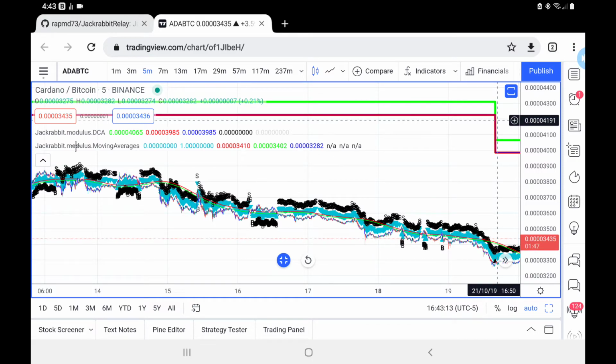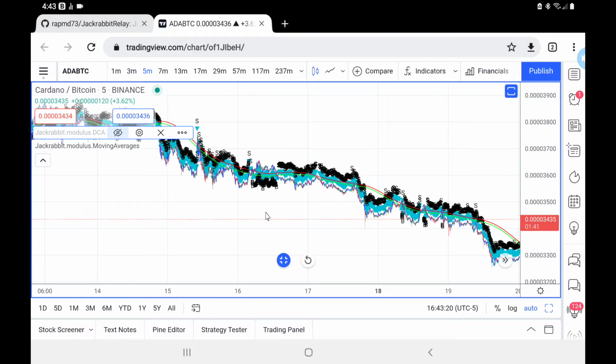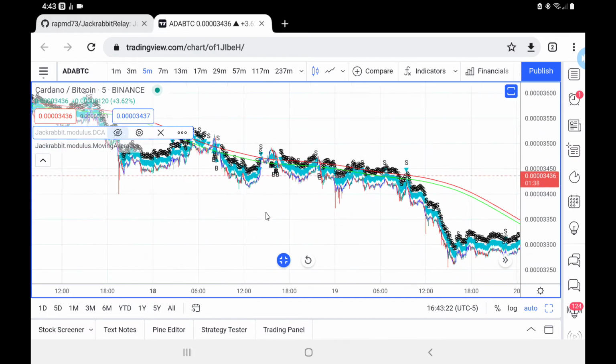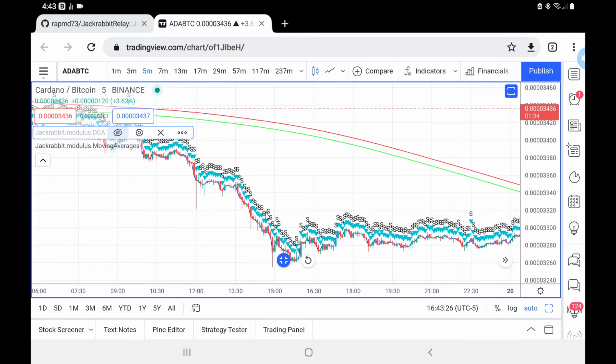Okay, let's turn off the DCA module and look at the momentum. Standard split channel.